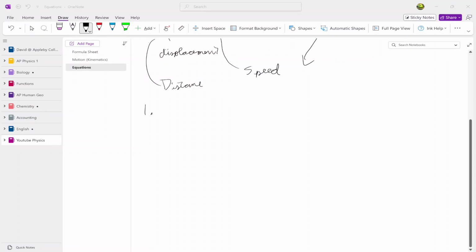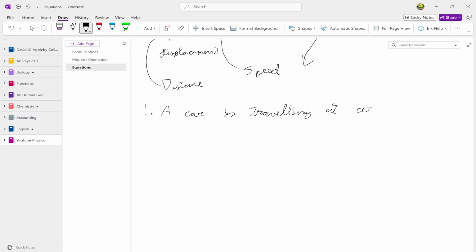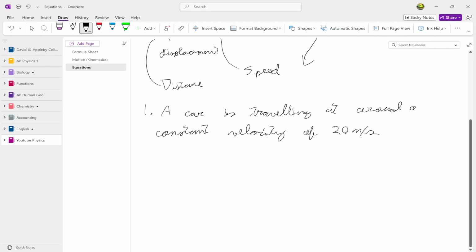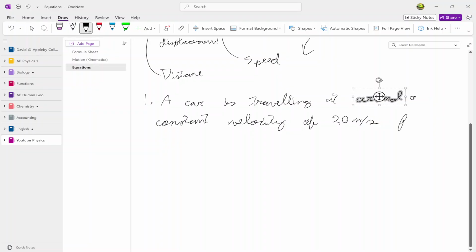So let's say a car is traveling at around a constant velocity, okay, keep that in mind, velocity of 20 meters per second. And he's doing this for, well, we need time. So for 5 seconds.